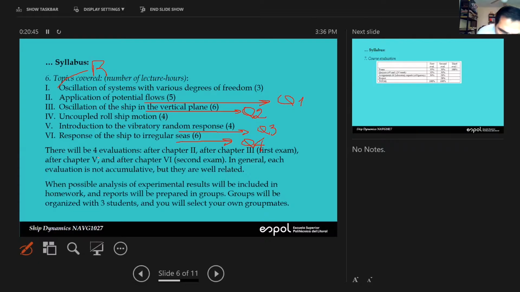There are some questions about the experimental part. Well, it is quite difficult to do experiments, okay? But what I have thought is, if we find the correct material, we are going to give it to you.